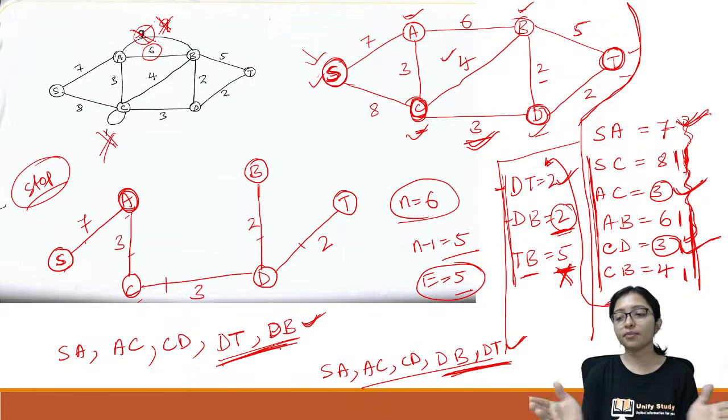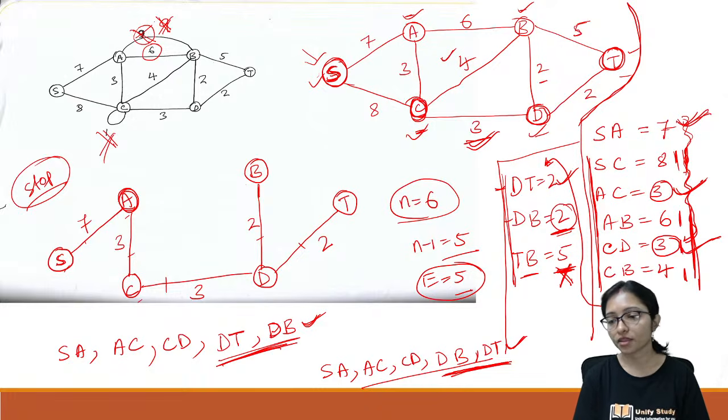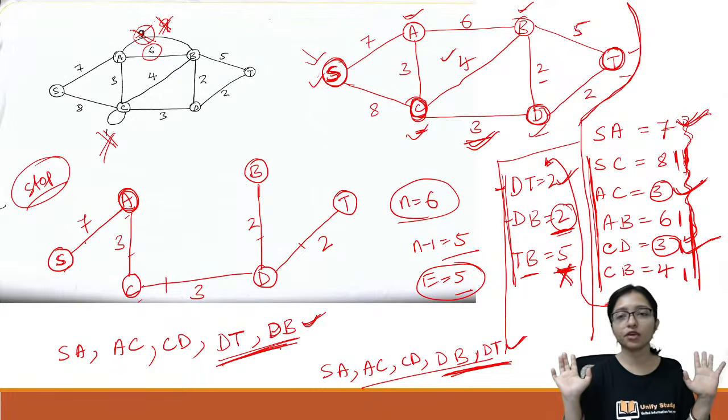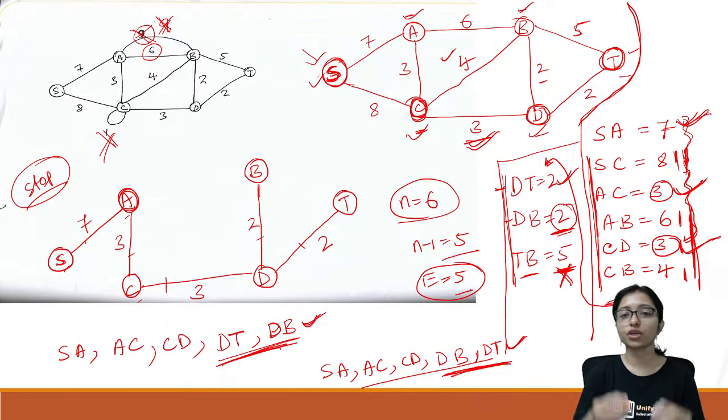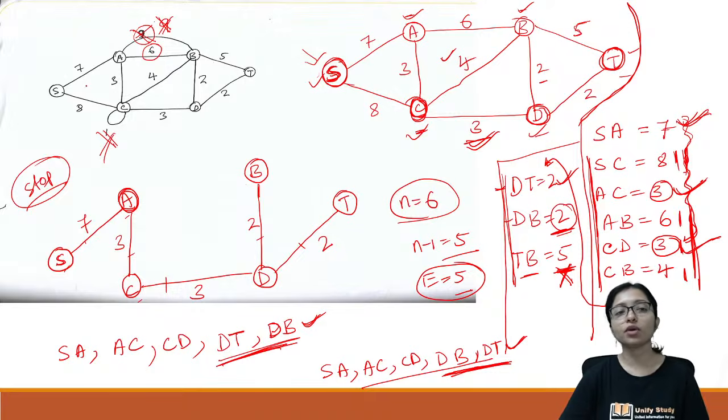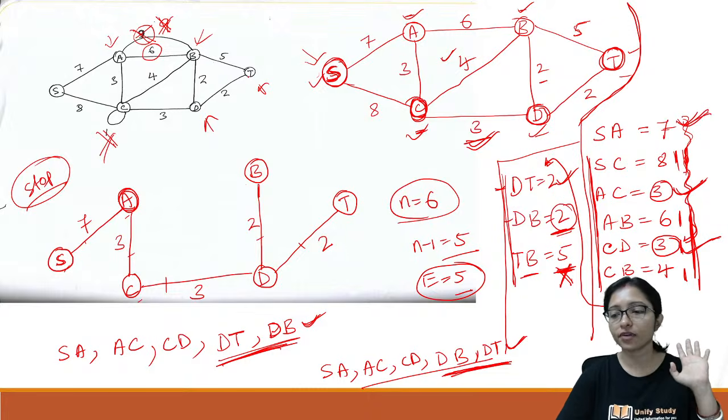Nandini, now you tell me what is the difference between Prims and Kruskal? Yes, you can start from any vertex. You can start from T also, or from A also. You can try at home by starting with A, B, or D, anywhere.